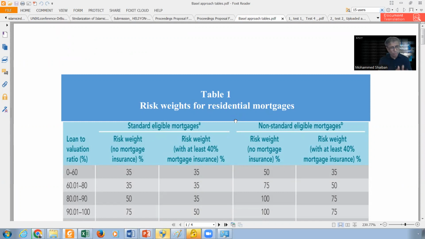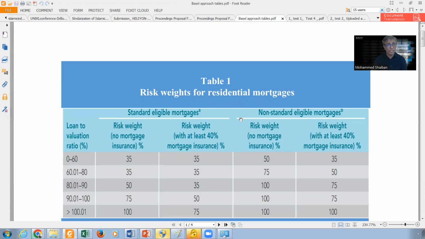Also in the exam, you will need to use those tables and understand them, because sometimes I will ask you to calculate the risk-weighted assets. Sometimes I will ask you to calculate the total capital requirements for a bank when I give you all that information.